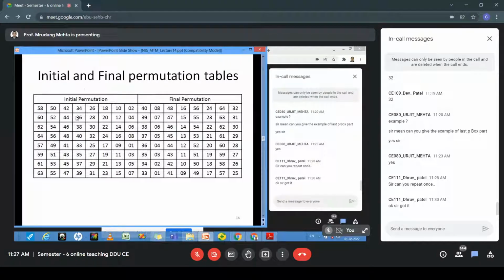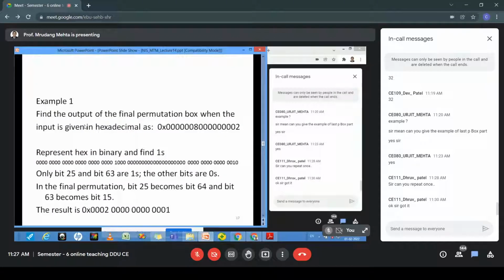Now the initial permutation and final permutation are inverses. And how do we find that? Let us see the example. With this example, it will be clear that final permutation and initial permutation are actually inverses of each other. The example says: find the output of the final permutation box when the input is given in hexadecimal as 0x this value.